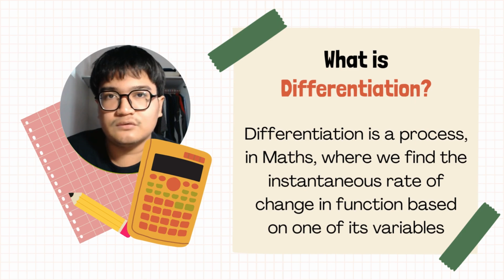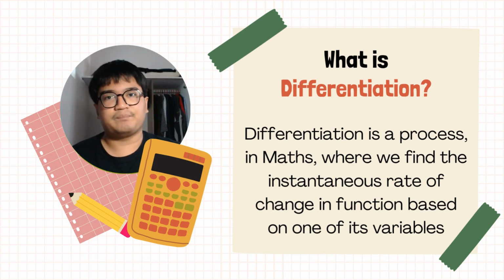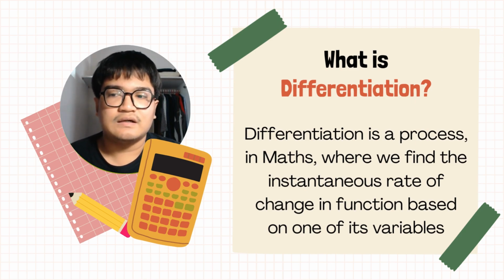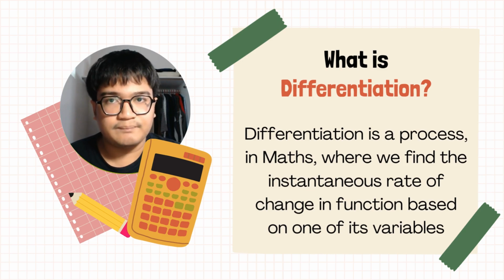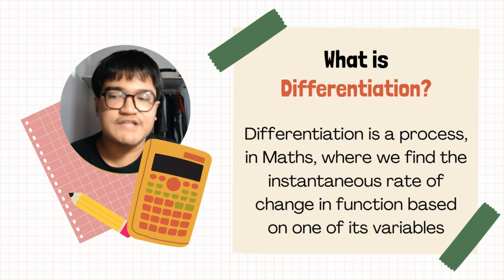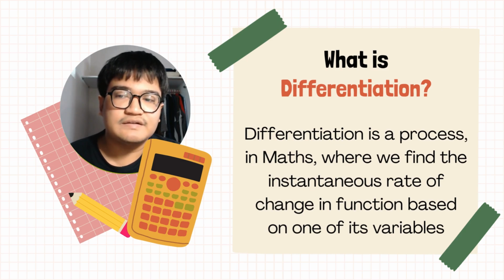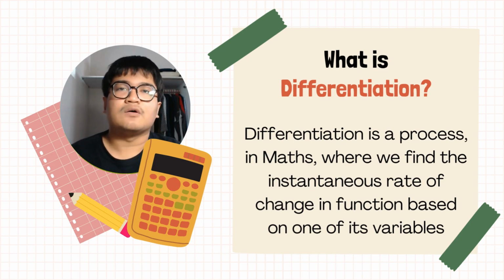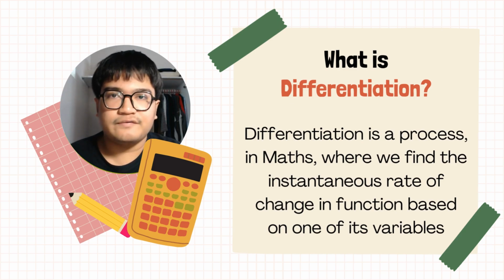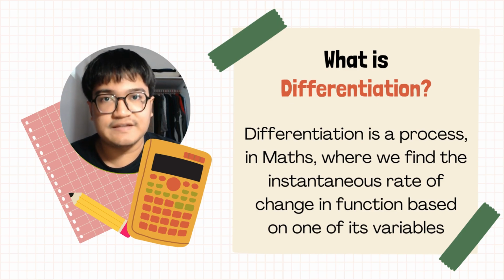So allow me to give you a real-life example where differentiation is implemented. Imagine you are driving a car and your car is moving forward. The distance you travel is changing every second. In mathematics, we can represent that distance as a function of time. Now, if we want to know how fast the car is going at any moment, that is where differentiation comes in.